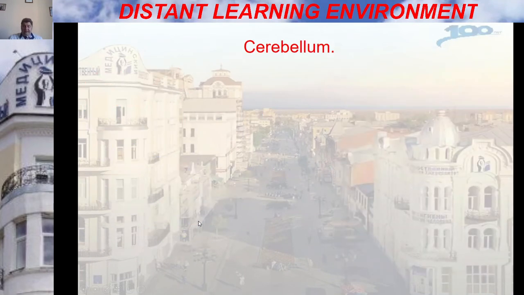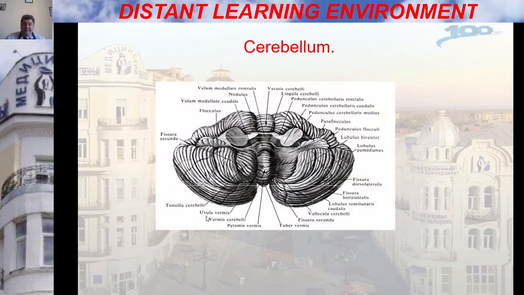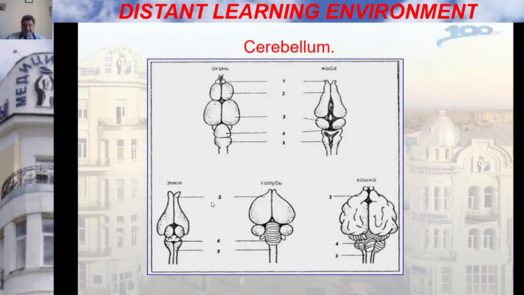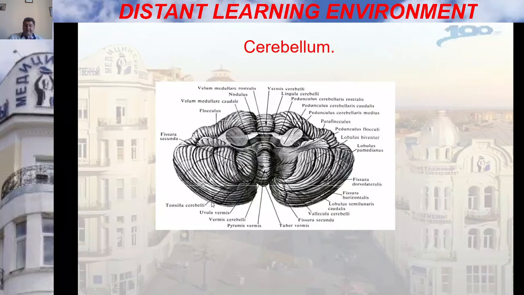So let's talk about the cerebellum. The cerebellum is derived from the hindbrain, which developed in connection with the receptors of statics. It is therefore concerned directly with the coordination of movements and is an organ of the body's adaptation to overcoming the main properties of its mass, gravity and inertia.